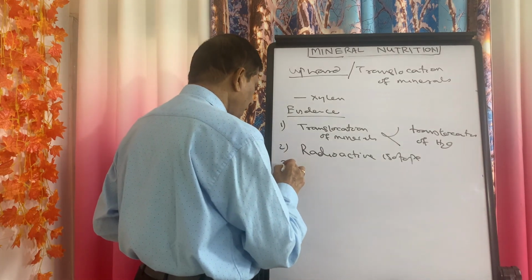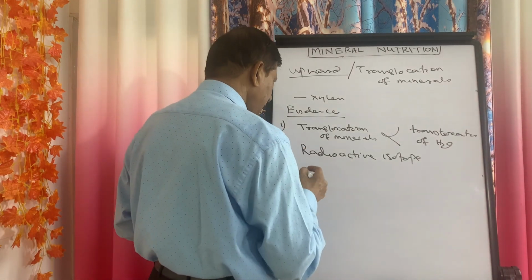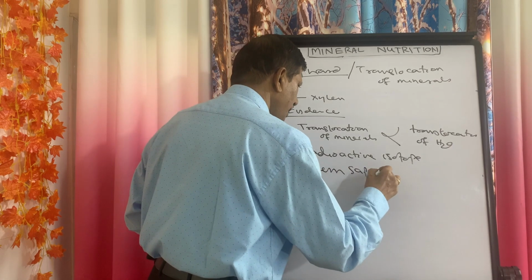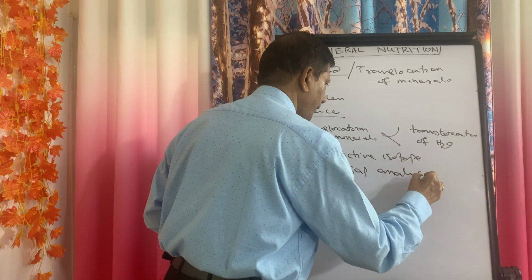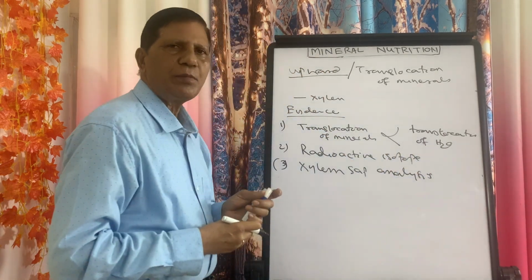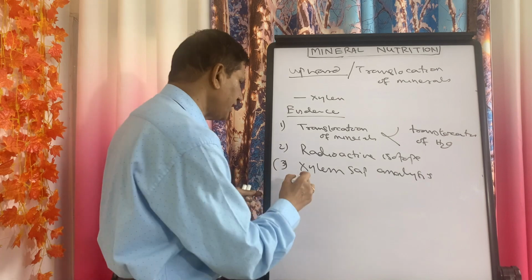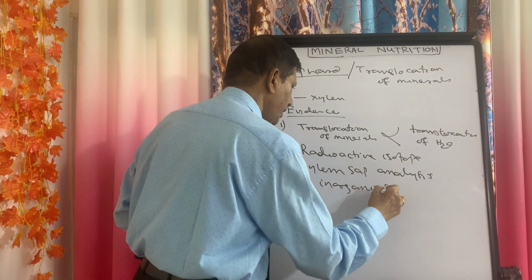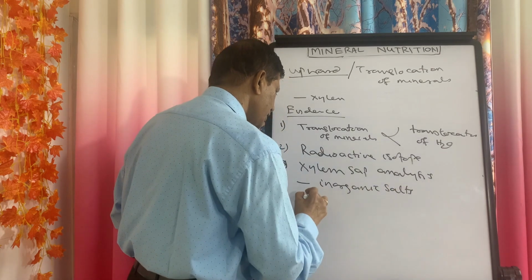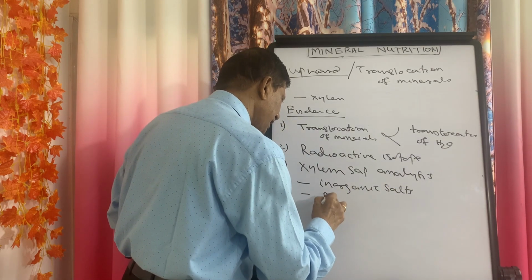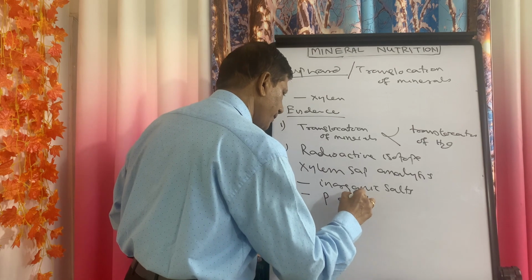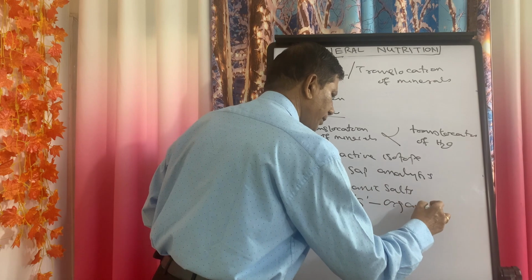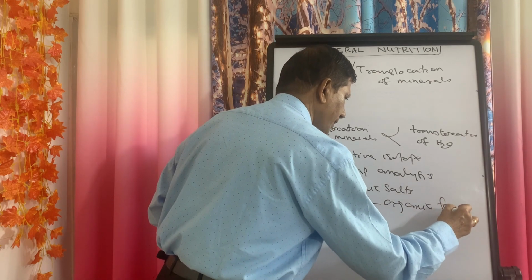The third one is xylem sap analysis. If the xylem sap is analyzed, we will find different types of inorganic salts. Besides, some minerals like phosphorus and sulfur are present in organic form.